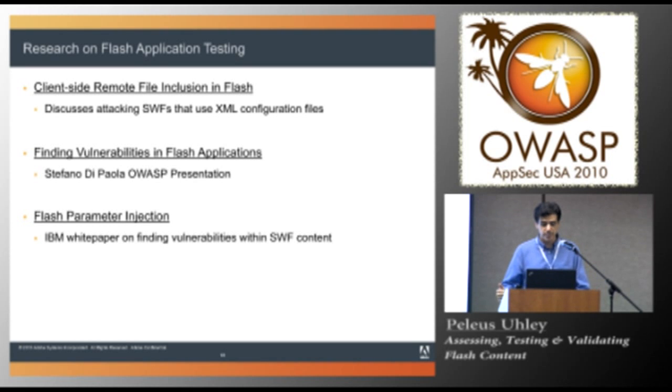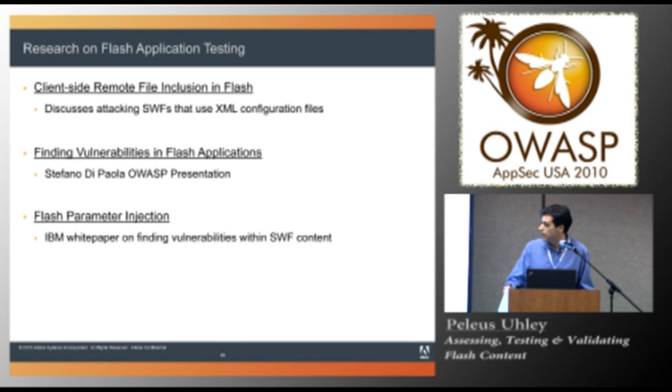And for details about how to attack these, there's a blog written on client-side remote file inclusion in Flash. That one talks specifically about attacking Swifts which load XML config files. I mentioned already the talk by Stefano.